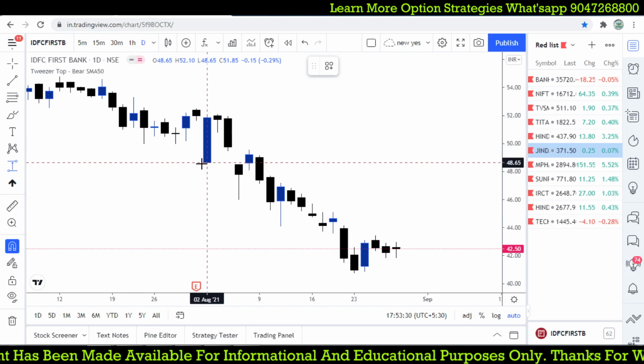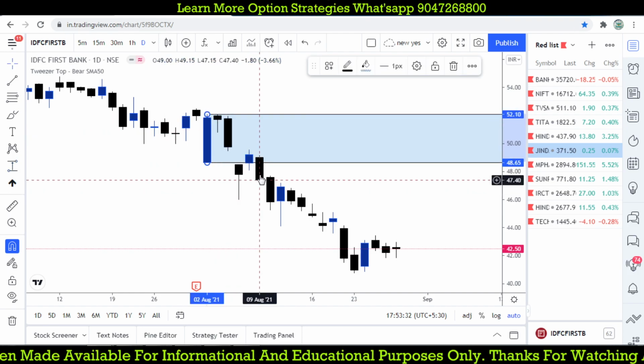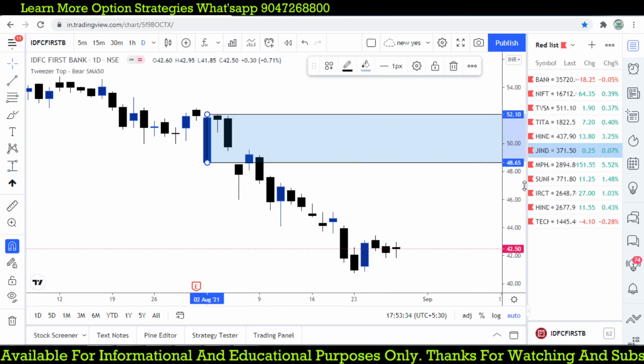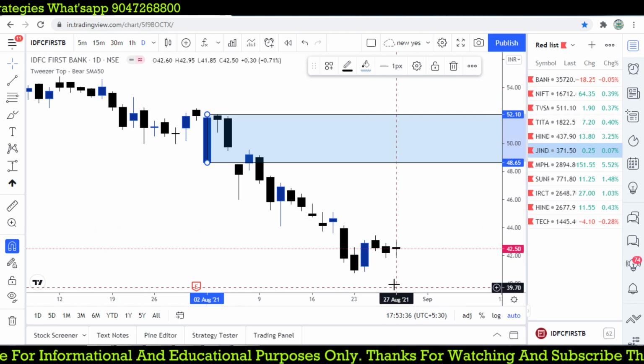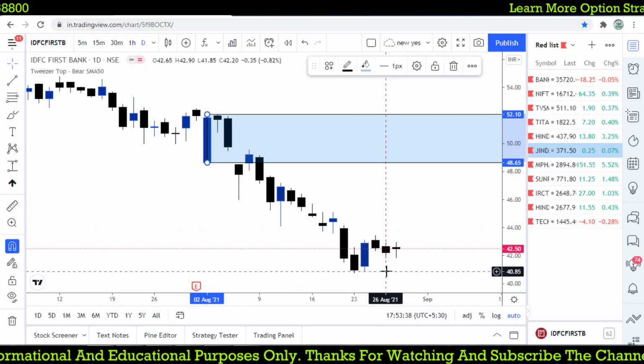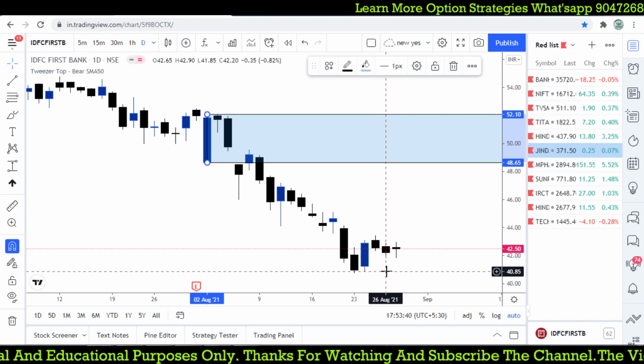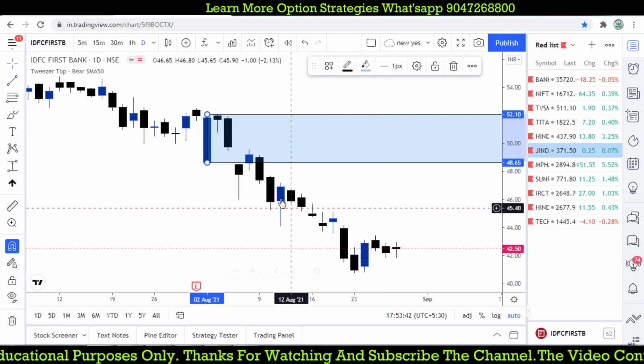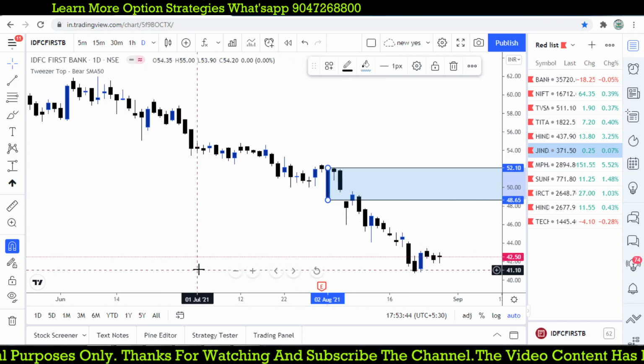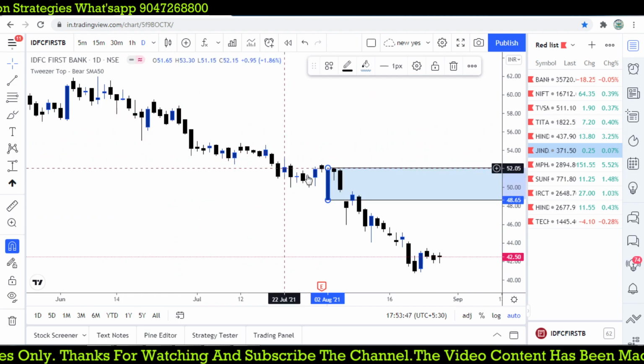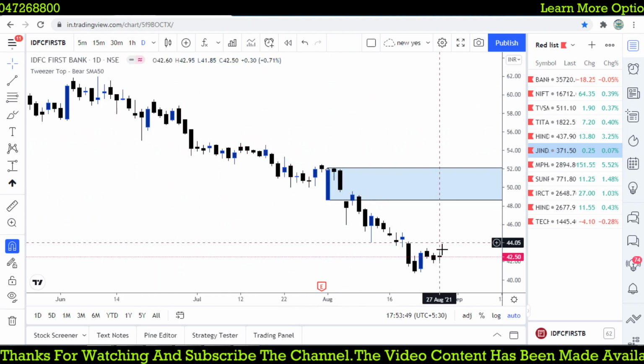That is the reversal which happened, by 48.65 with a stop loss of 52.1, and it made a low of 40. So it fell almost 8.5 rupees from that level, but the previous trend should be up. Here the stock keeps moving down, so this is not a good opportunity.